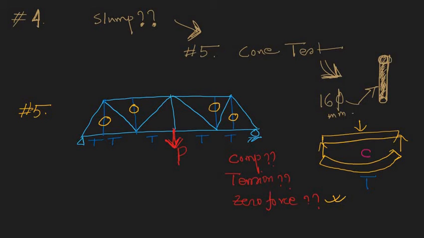But all the members here are in compression, but still we have the inclined members. Now of course here you can see this one is in tension, and this one is also in compression.